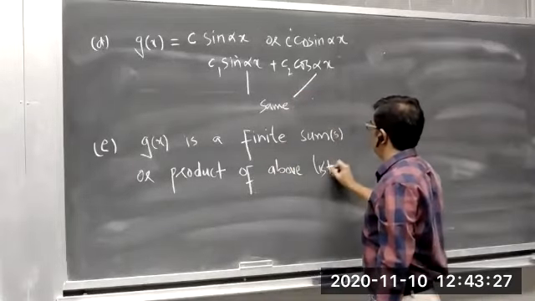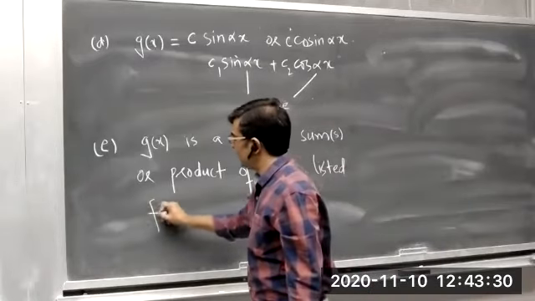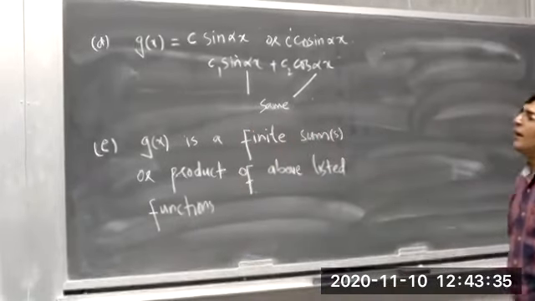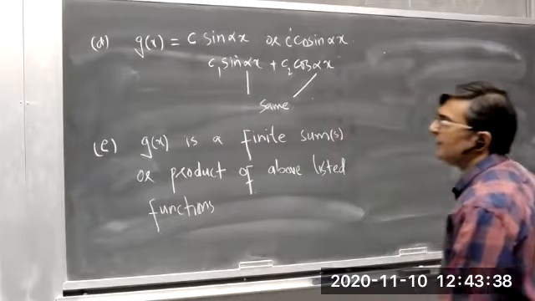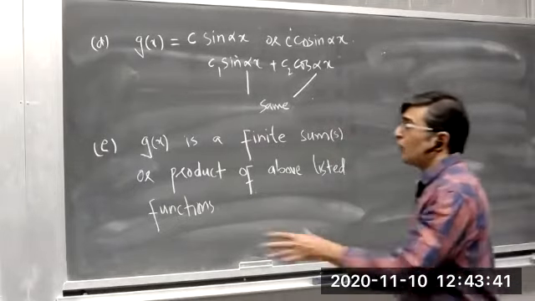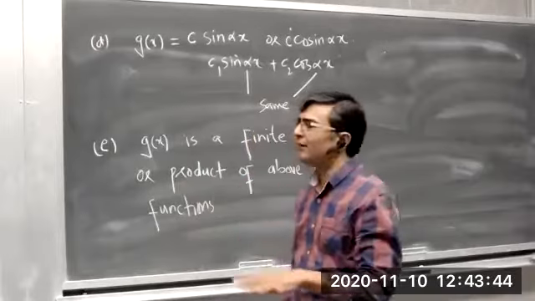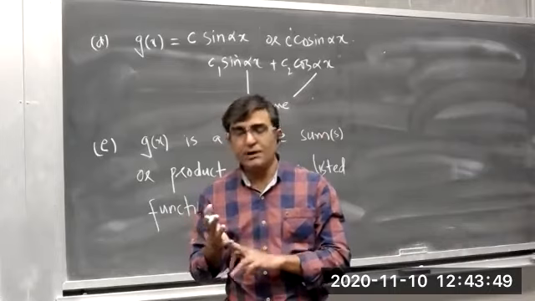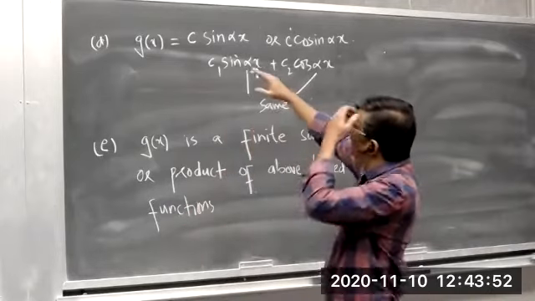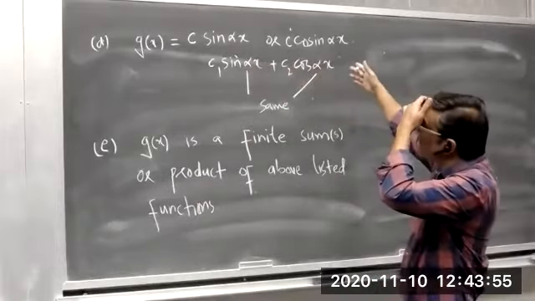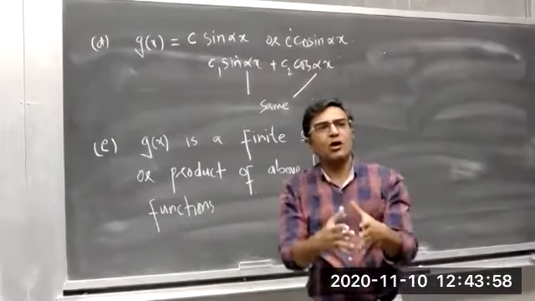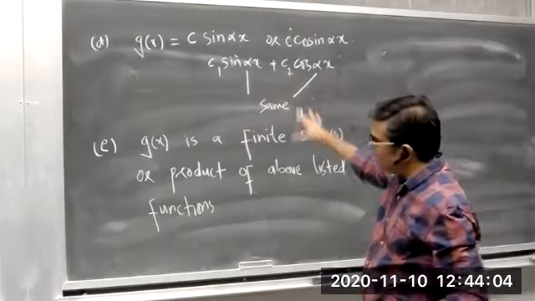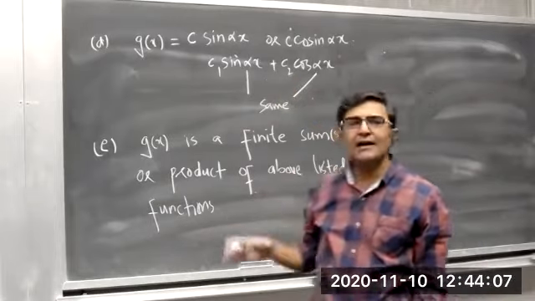Above listed functions means the right-hand side function g of x. This method is only applicable if the right-hand side function is a constant. It may be a polynomial. It may be an exponential function. It may be a sine function or cosine function, or the sums or products of all these functions. It is also possible. Then in all these situations, we can apply this method.